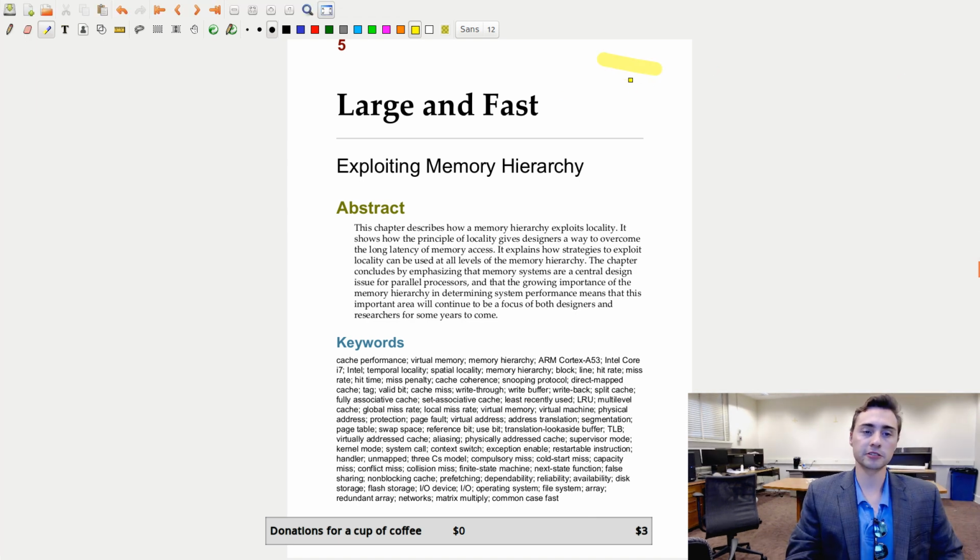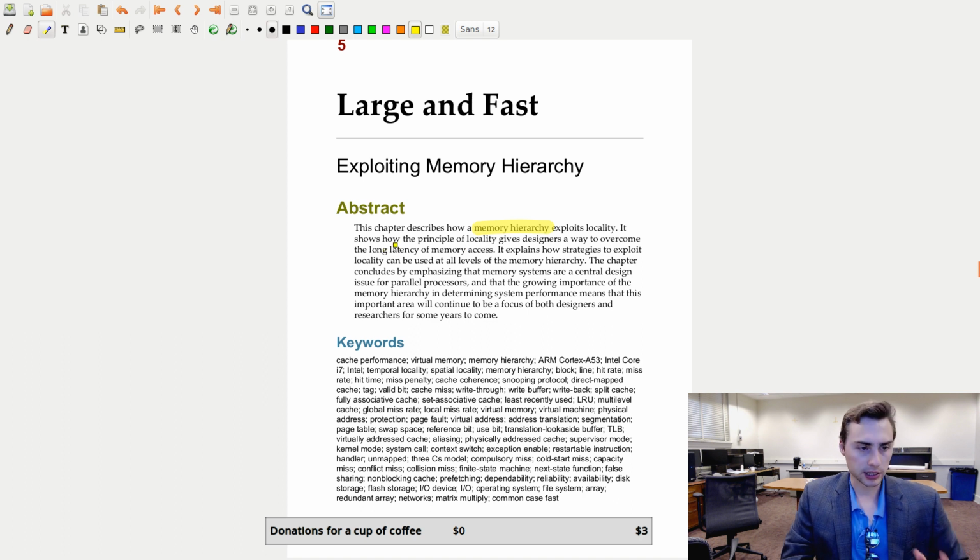Okay, large and fast. So we want to give the impression that we have a very large memory structure, but then we also want to get the idea that we have a fast memory structure. So we're going to describe how we get that through what we call the memory hierarchy, and how it exploits locality to give this impression, even though we have a more triangular shape to the memory hierarchy.